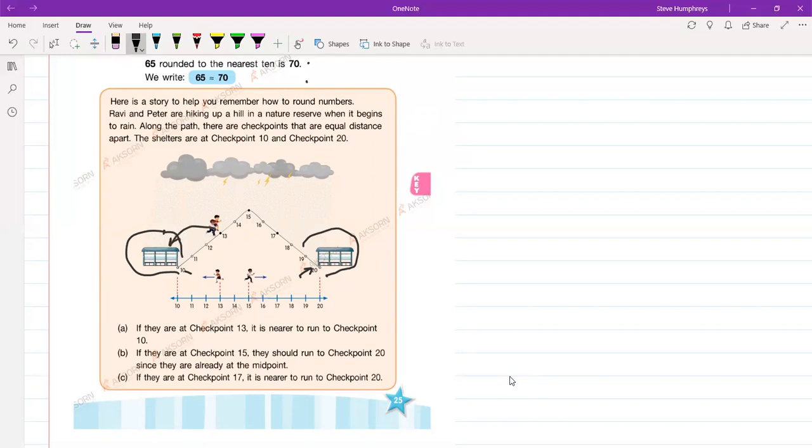If they are at checkpoint 15, the midpoint, they should run to checkpoint 20, since they are already at the midpoint. Round up. If they are at checkpoint 17 here, it's nearer to run to checkpoint 20. Round up. Okay.